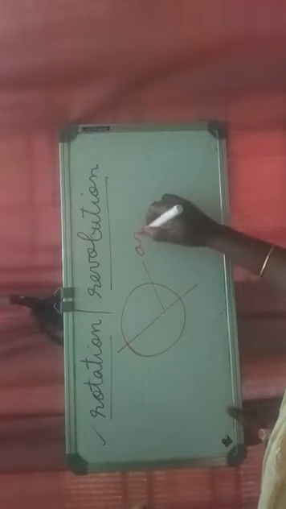The earth vertically and joins the two poles, North Pole and South Pole. So if you just imagine this is our earth and there is an axis, see, this axis divides the earth into two equal halves vertically.